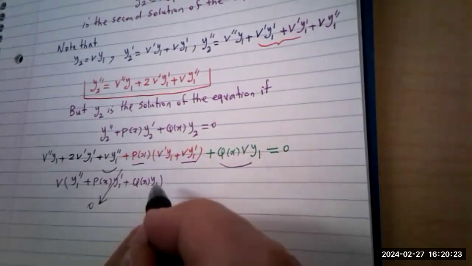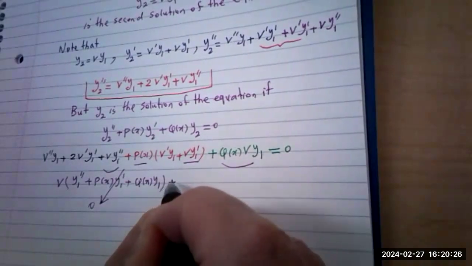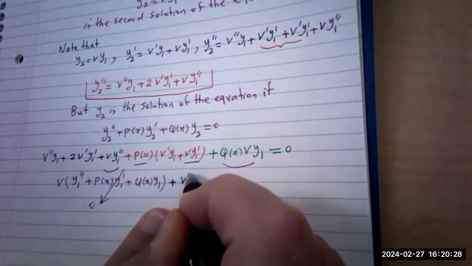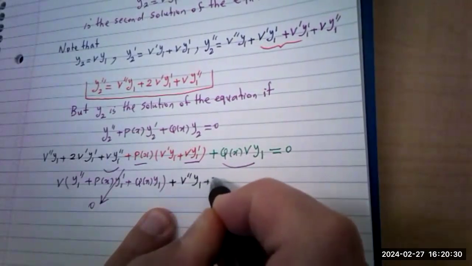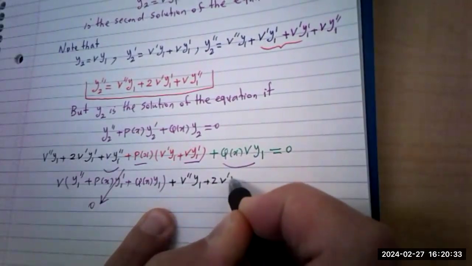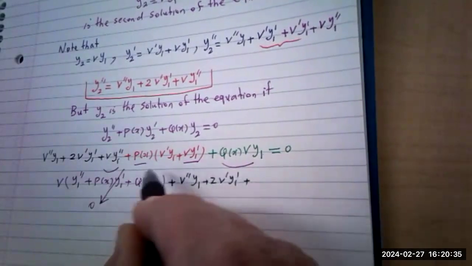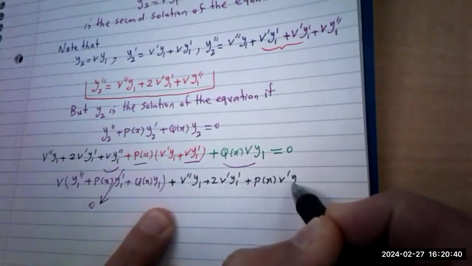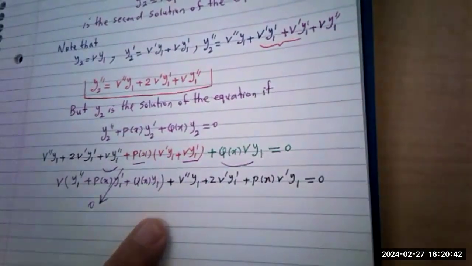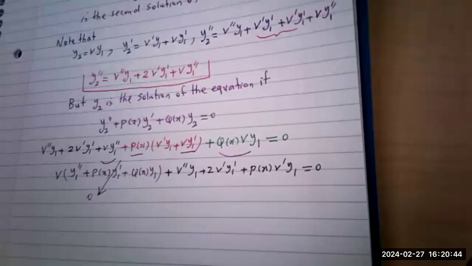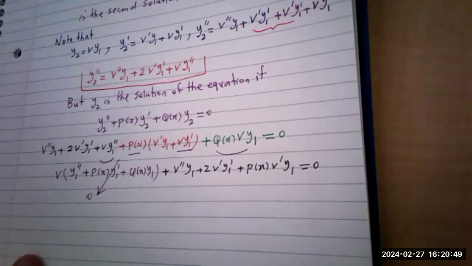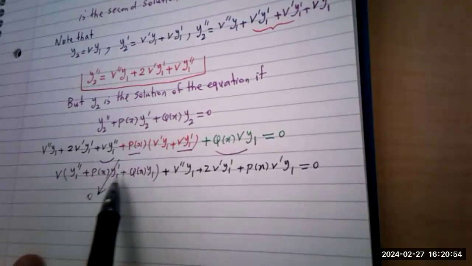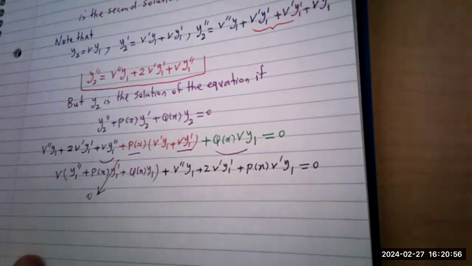The leftover is going to be v double prime y1 plus 2 v prime y1 prime plus p of x v prime y1 equal to 0. Remember, you should find an equation; you are looking for v. So this first part would be 0 because y1 is the solution of your equation.